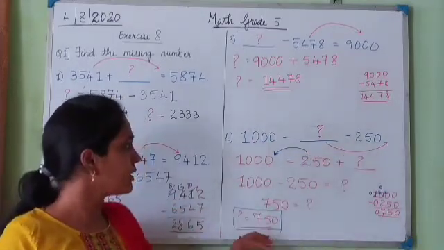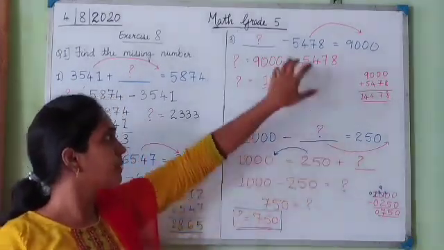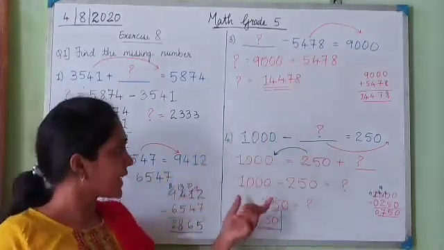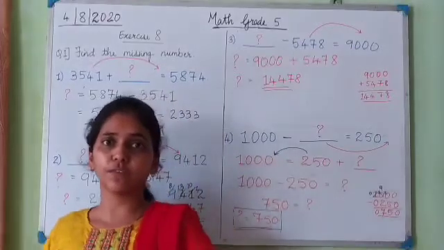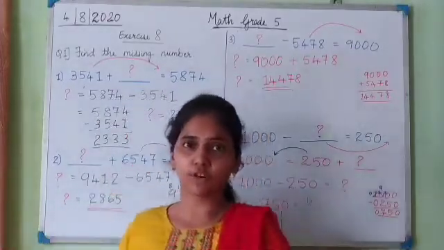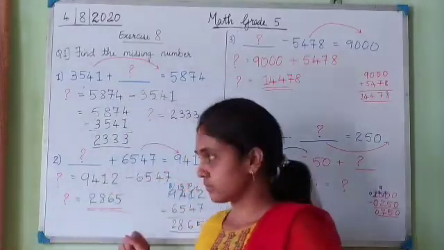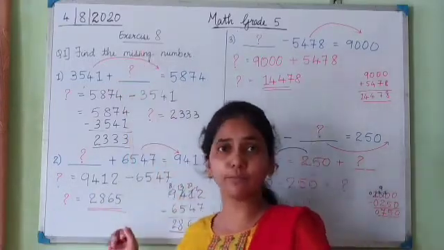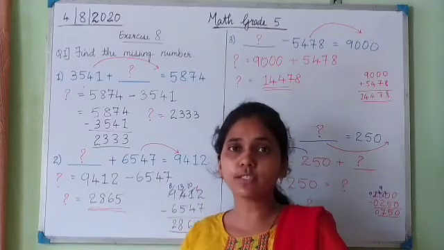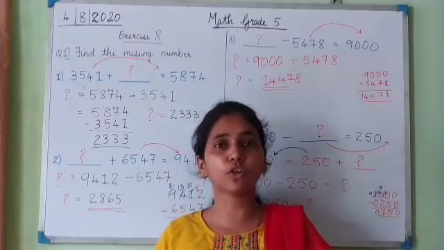You can put these values in the missing places and check whether the answers which are given to us are correct or not. You can verify the answers which we have got. So this was about exercise number 8. I have solved more examples in the notes, and I have given you homework also.